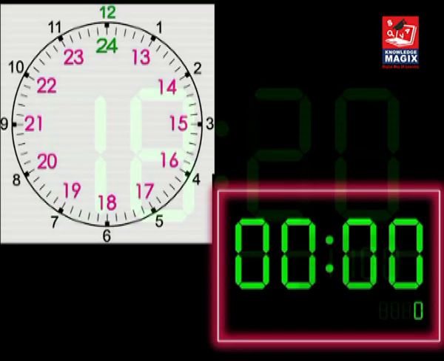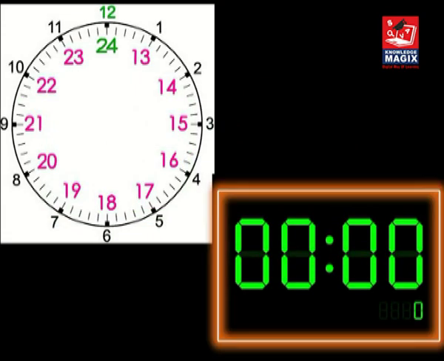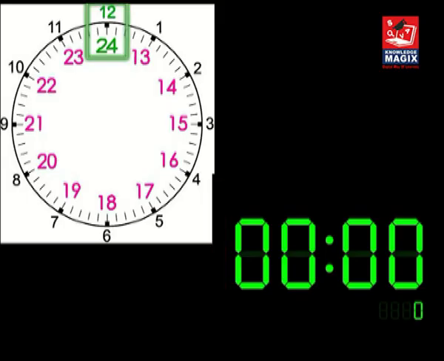In such a clock, 20 minutes past 6 in the morning is shown as 6:20 and 20 minutes past 6 in the evening is shown as 18:20. The digital clock will show the time 00:00 at midnight and the day will change. At that time, a 12-hour clock shows 12 midnight.